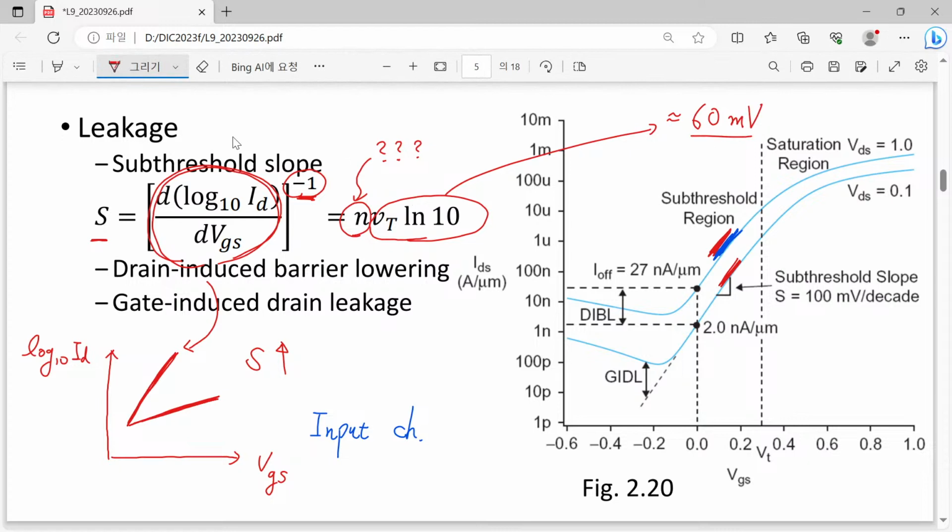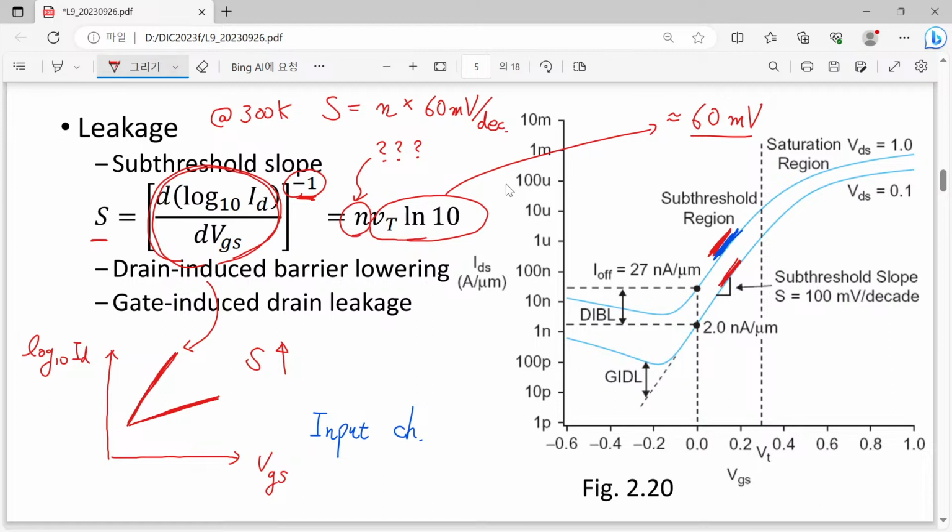Simply speaking, at 300 Kelvin, we can say the subthreshold slope is just n times 60 millivolt per decade.